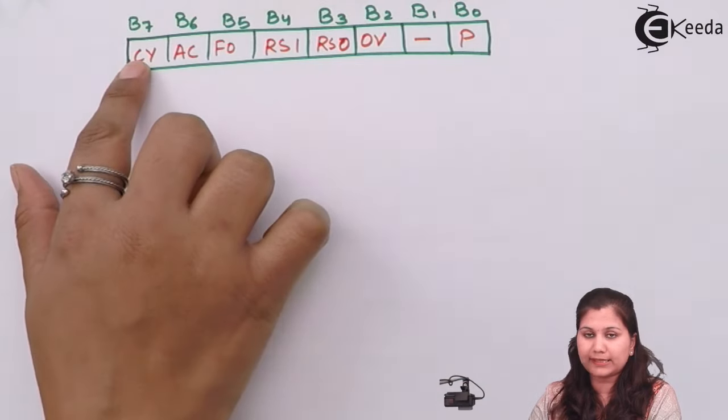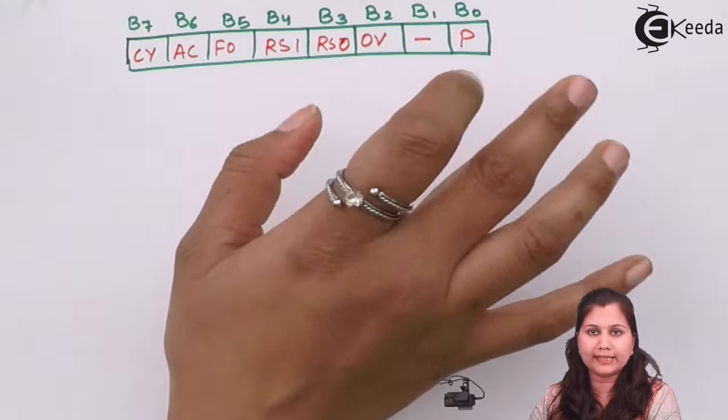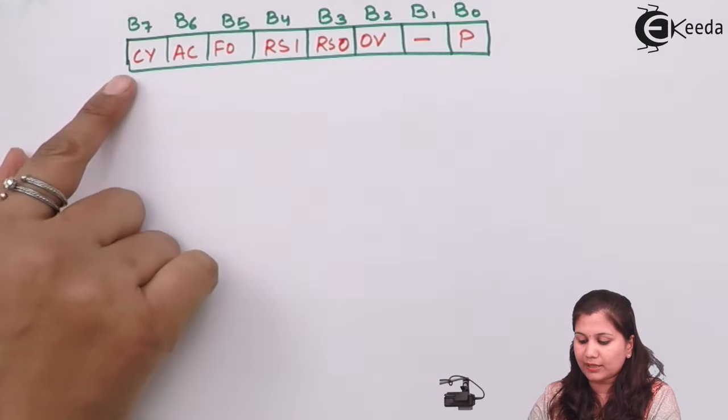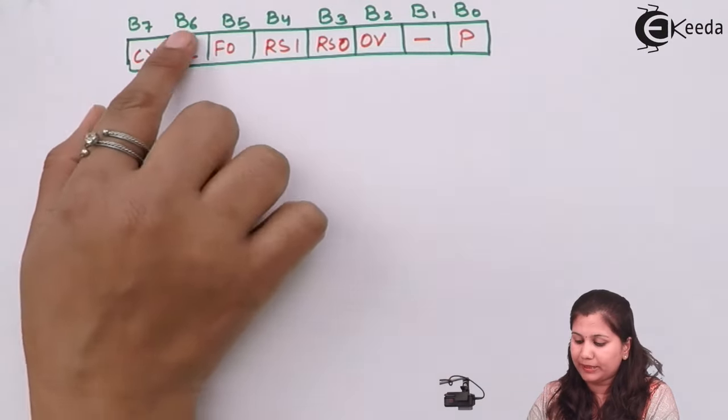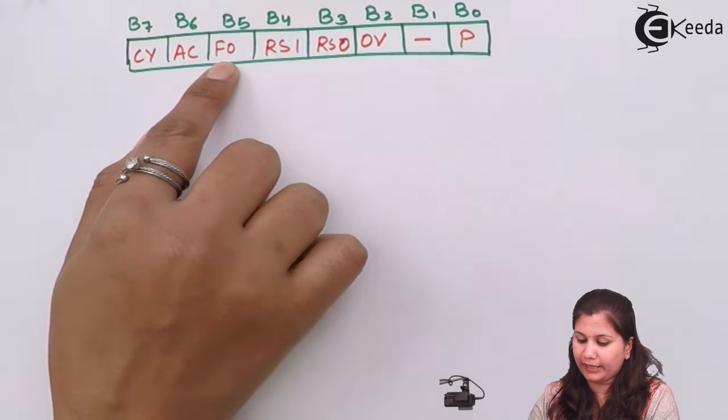Bit 7 is the most significant bit, and bit 0 is the least significant bit. B7 is defined as the carry flag. B6 is defined as the auxiliary carry flag. B5 is F0, the user defined flag.